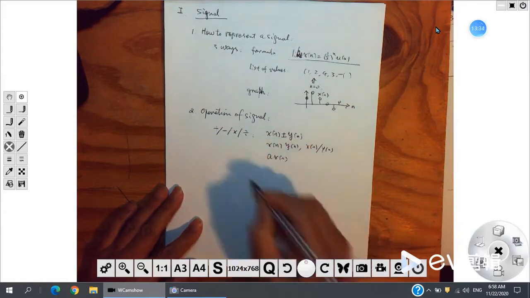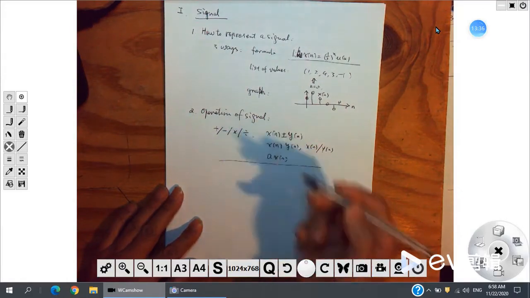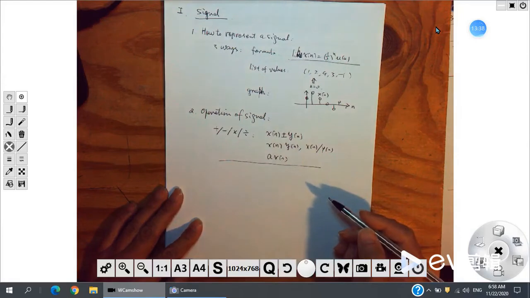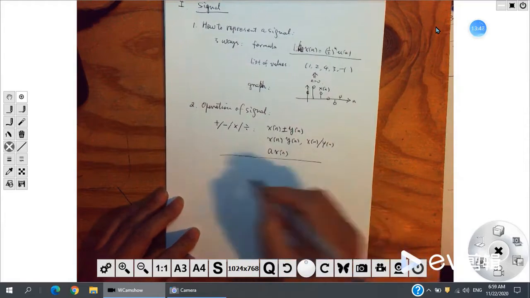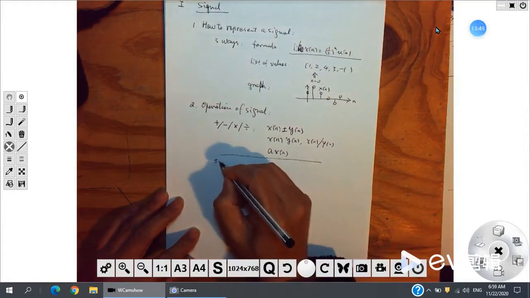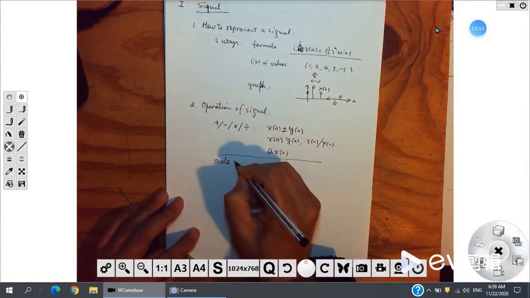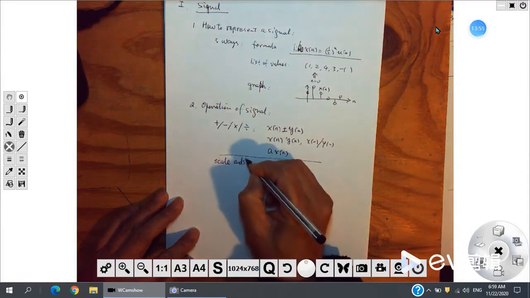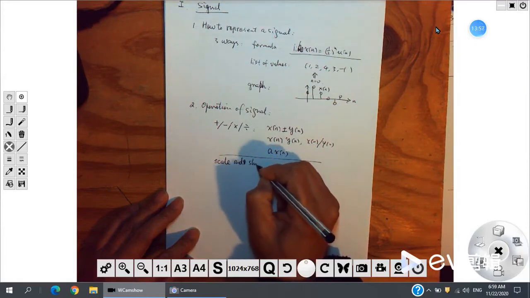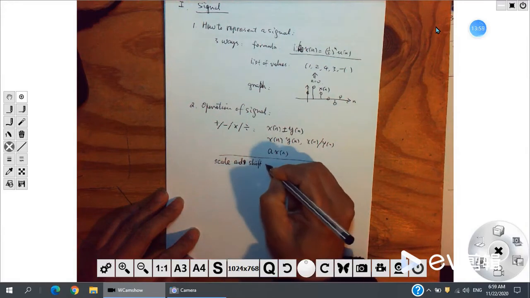These are just basic algebraic calculations. The second is scale and shift on time.